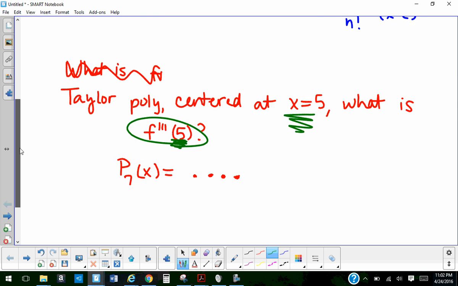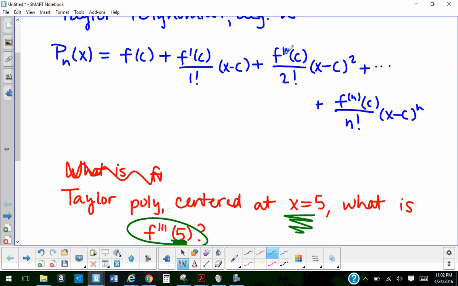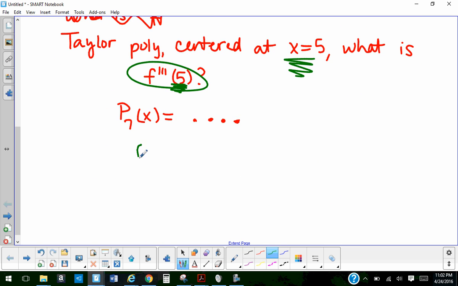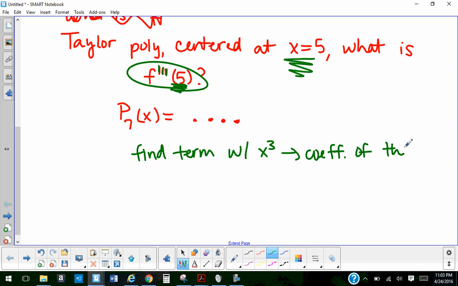If you notice, the type of derivative matches the degree of the term. So I could find the term with x to the third because I want the third derivative, and the coefficient of that term is going to equal the third derivative at 5 over 3 factorial.